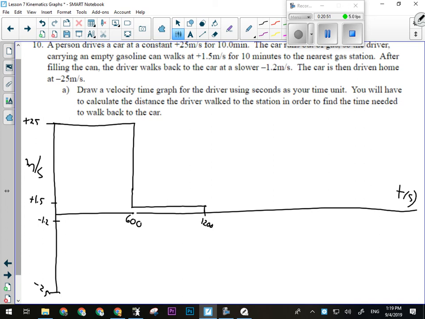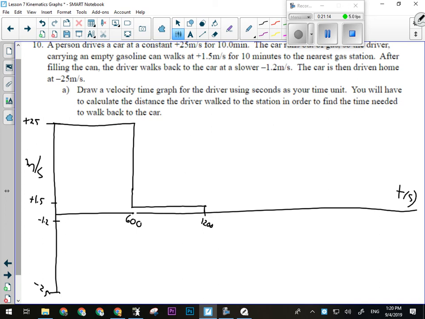Then it says after they fill the can, they walk back to the car, but they walk back at a slower rate. So if it's slower, will it take them longer? But I don't know how long. It doesn't tell me. Can I figure it out? Yes, because I know how far it is, or at least I can figure out how far it is from the car to the gas station using this section of the graph.